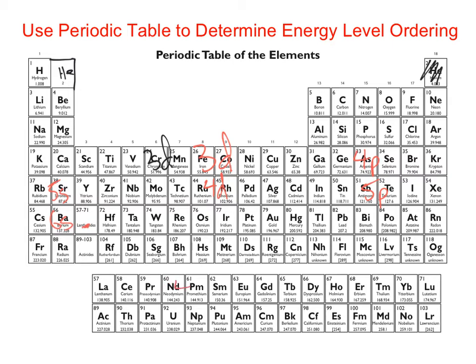So we have the 4f's, and then I have the 3d's, the 4d's, now the 5d's, then the 6p's, then we have 7s, then 4f, 6d, and 7p. And so the periodic table tells me exactly what the ordering of the orbitals is when I'm filling them up.